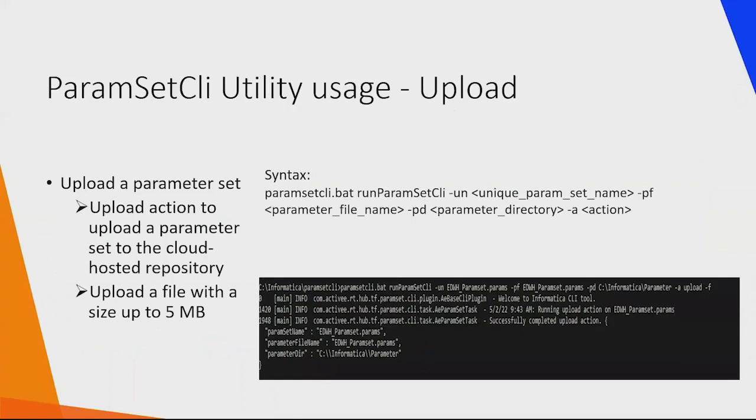Like if you see here, it is referring to the location, C Informatica parameter, and PF represents the file name. So first it has to be created in a file, all the sections, the parameter values, everything will be defined in that file. And then using this utility, that file gets uploaded as a parameter set on the cloud hosted repository.